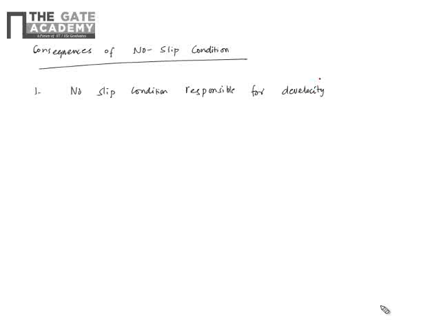Basically the velocity gradient evolves or builds up.